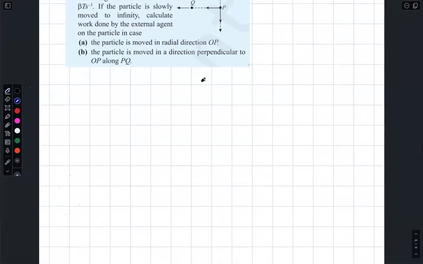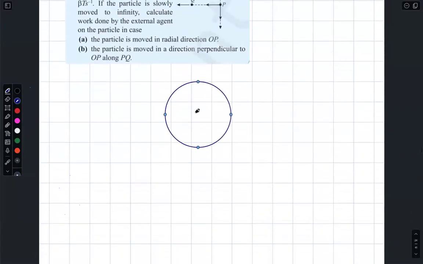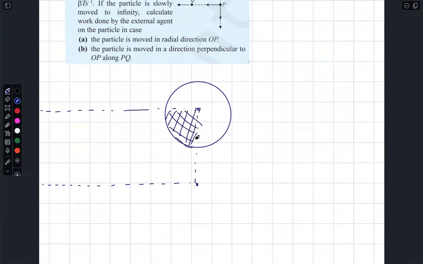The second part also, you can do it simply. Remember, this is the region, and you are here and going to infinity, which means the arc that contributes EMF source is this one.